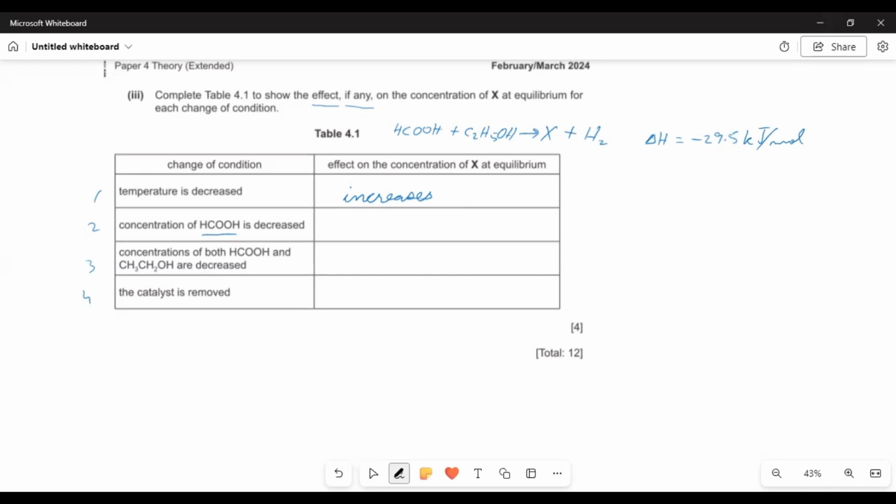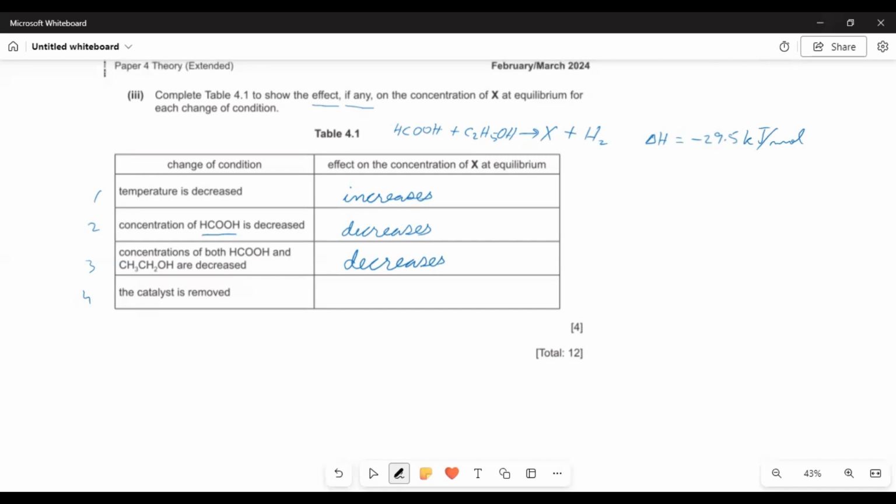The decrease in concentration decreases the rate of the forward reaction and decreases the concentration of X. The concentration of both HCOOH and ethanol are decreased. They have the same effect because both of these are reactants, and the decrease in concentration of reactant decreases the product.